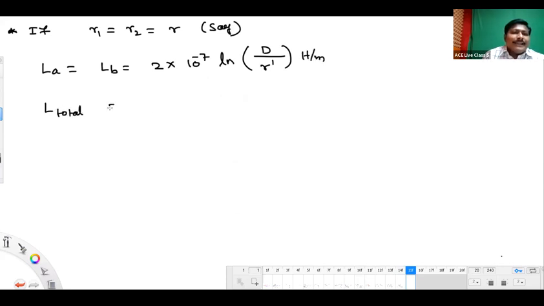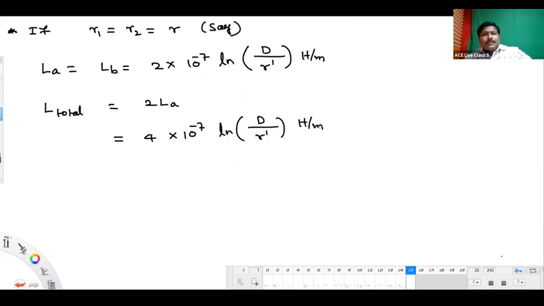L total is LA plus LB, so it is 2 times LA. So it will come 4 into 10 power minus 7 natural logarithm D by R dash in terms of Henry by meter. Simple.